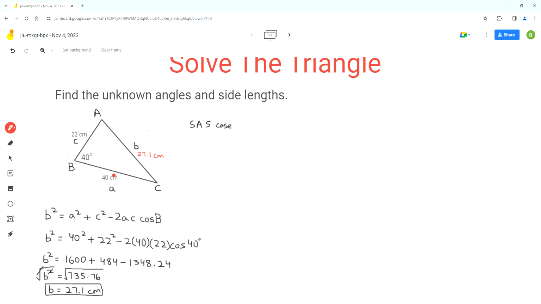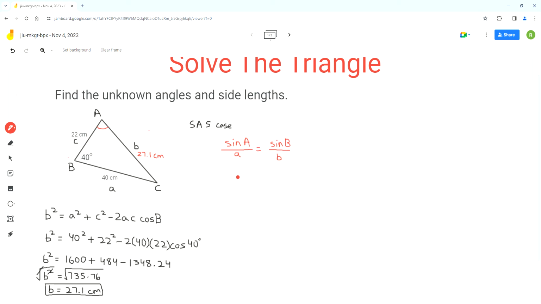So for sine law, we'll have to use angle A and then side A, and we can use angle B and side B. So our sine law equation will be the sine of angle A. Now since we are solving for a missing angle, we'll put the sine terms in the numerator, equals sine of angle B over side B.